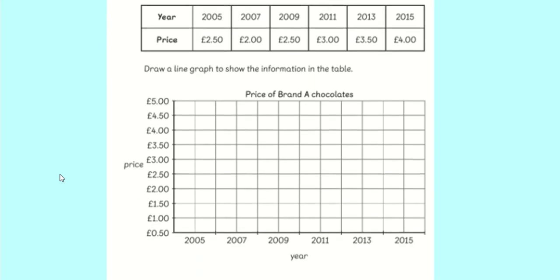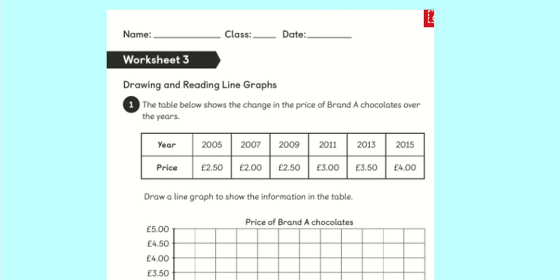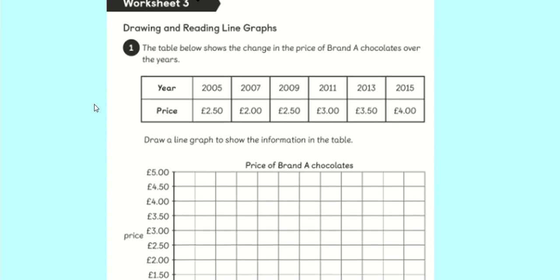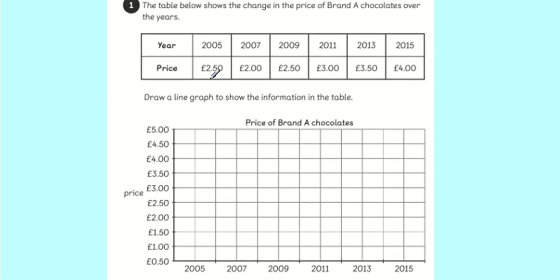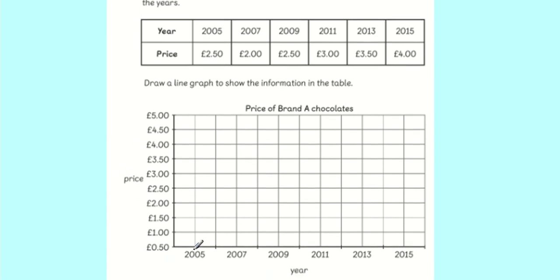Okay, so let's quickly plot this graph then. There are answers at the end of the video and at the end of the PDF file, but I'll go through them quickly with you now. So year 2005, the price is £2.50, so I go for 2005, I find £2.50 and I put my dot.